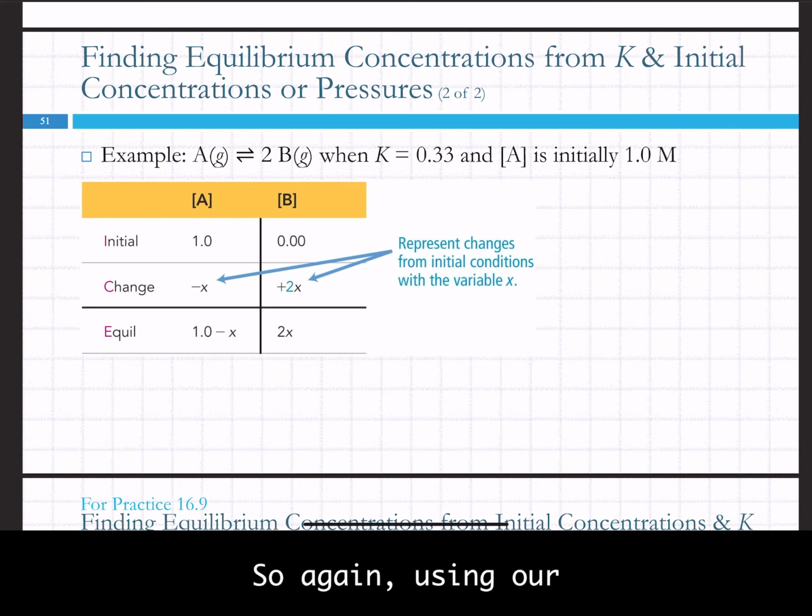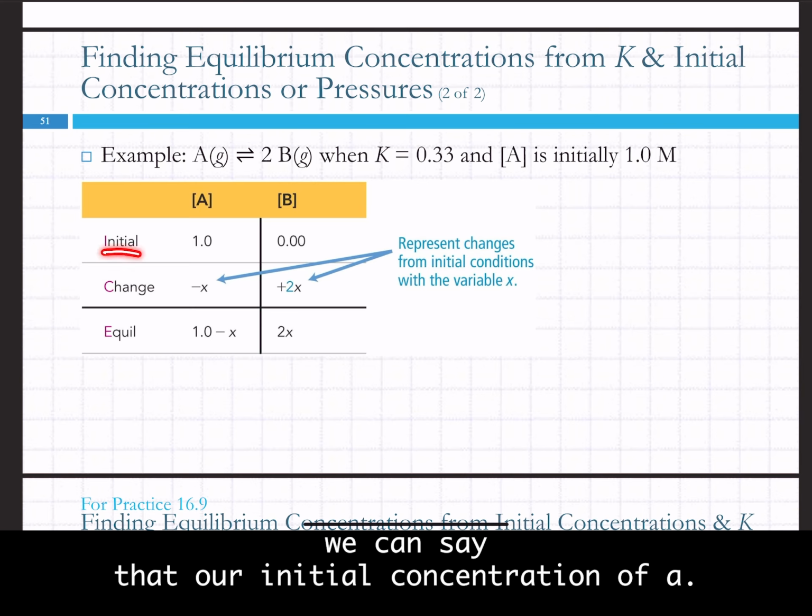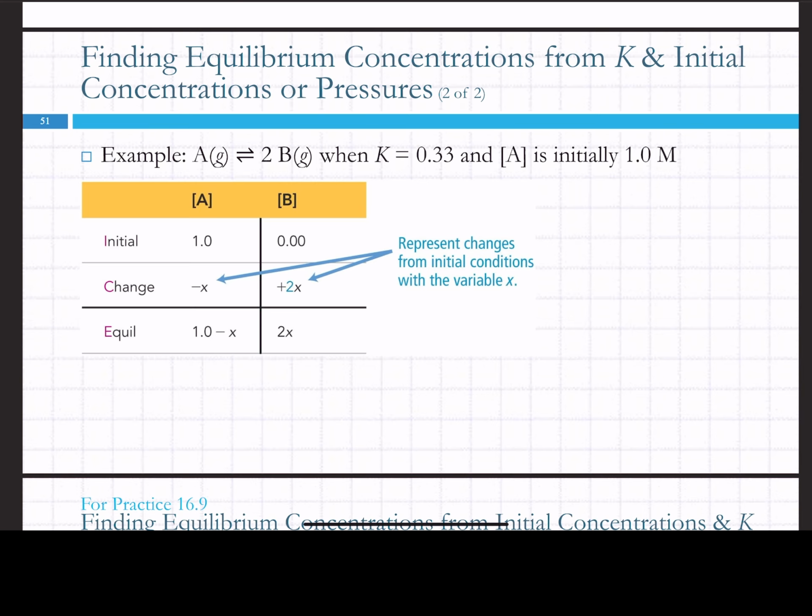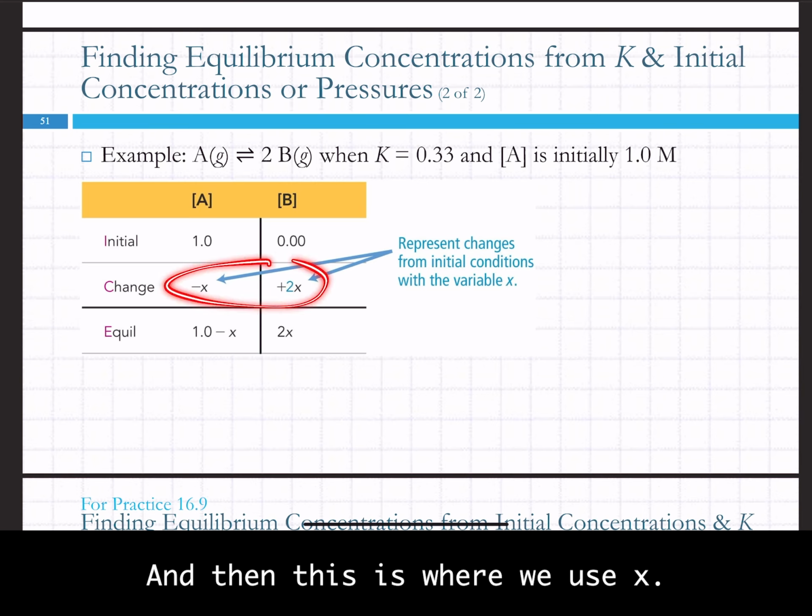So again, using our just ever so classic equation. We have an initial concentration and we know what K is. So in our ICE table, we can say, right, our initial concentration of A, and then this is where we use x.